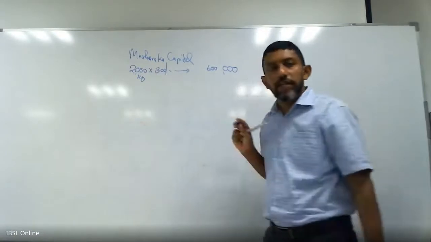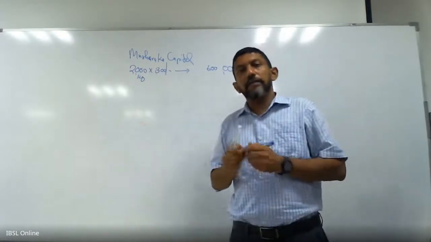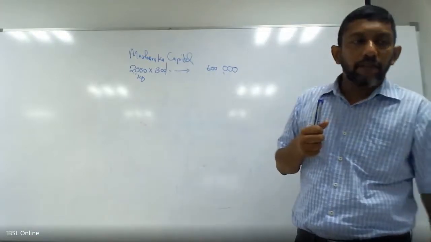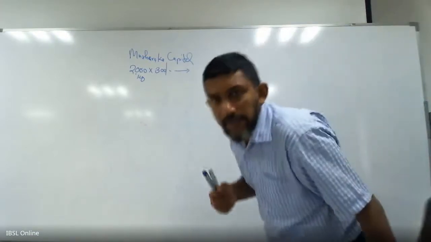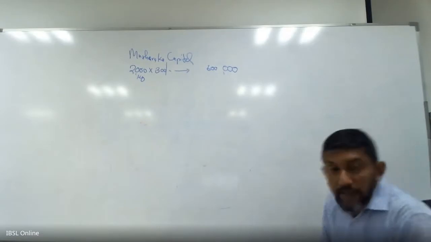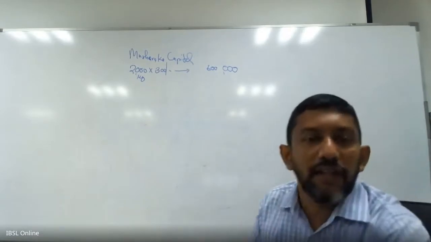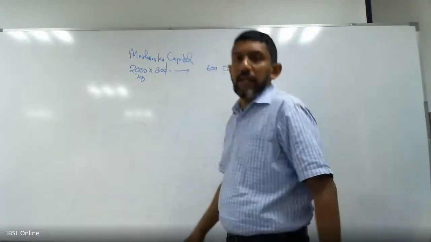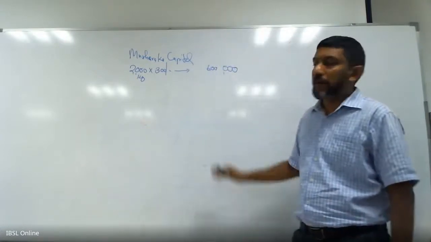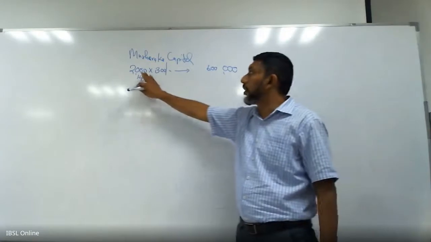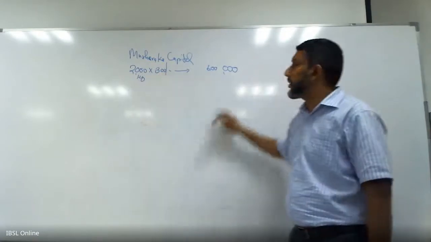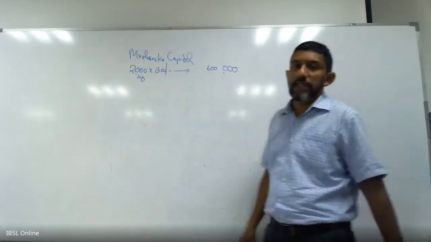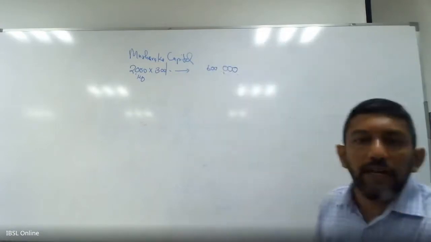This is a transaction Musharaka, meaning we are trying to do a Musharaka for a particular transaction. So 2,000 kilograms into 300 rupees, 600,000 rupees. That's the total amount of funding required.